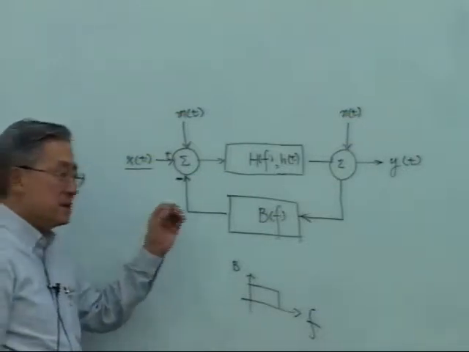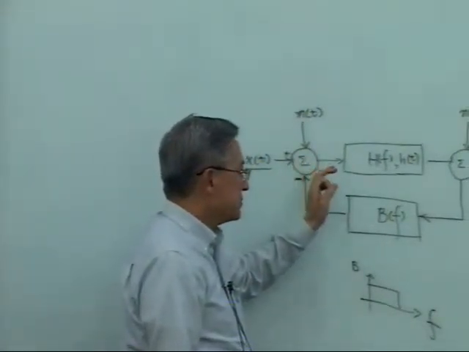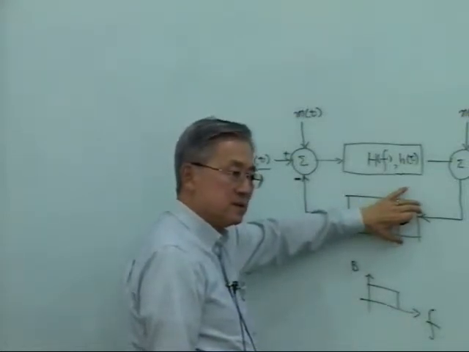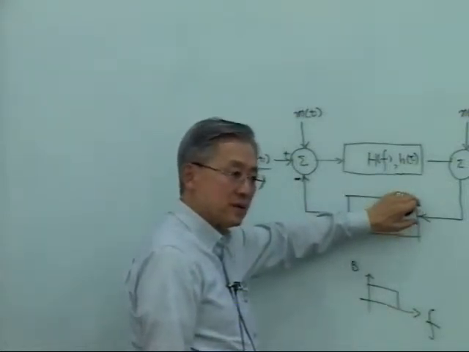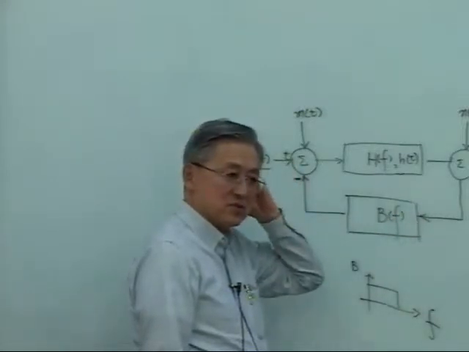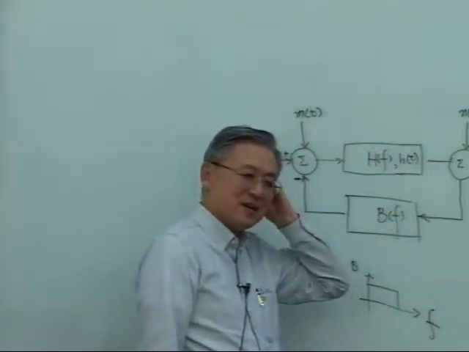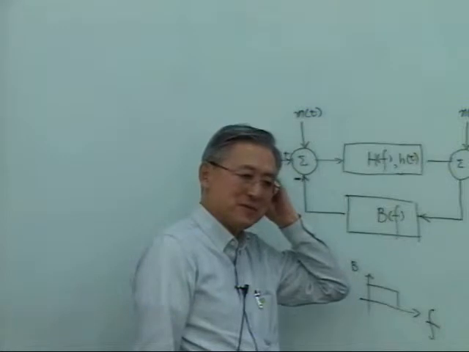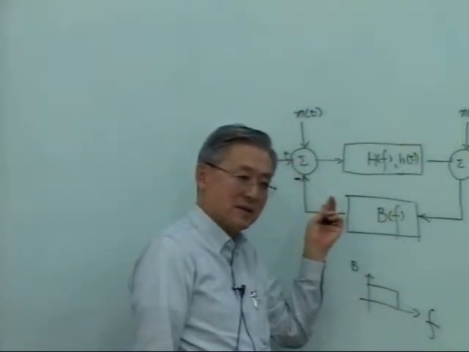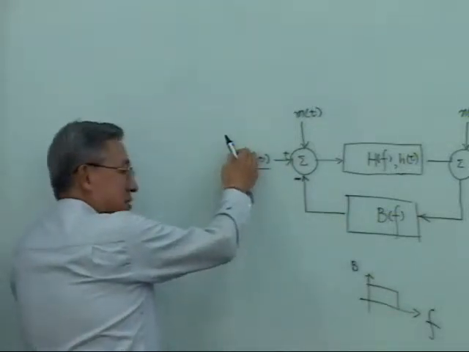Last year I gave an example, the final exam problem without the feedback. You will see it with the feedback this time. I have to make it a slightly different problem, otherwise I can't give you the same problem. That's stupid, isn't it? So feedback. And in addition, I put the shaker here.